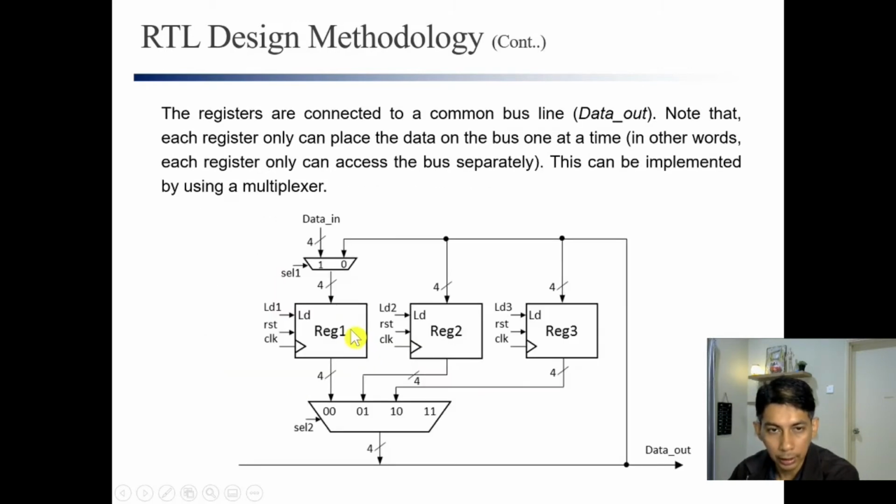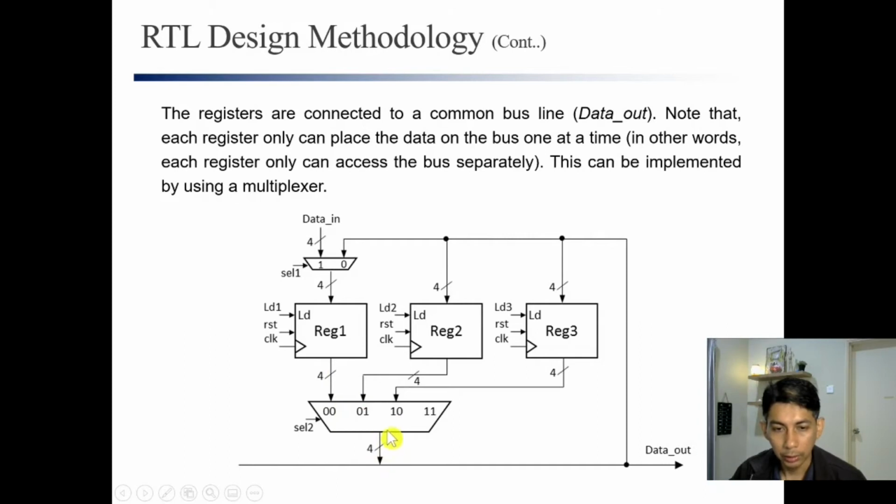So let's see the circuit here. This is the data path, where we have a set of registers, we have the multiplexer here, and we have the bus. What we want to do is transfer the data here into register 1. And from register 1, we will use this multiplexer to select what signal will go through.